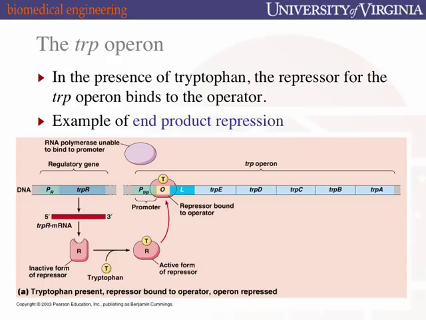Now the downstream output of the pathway, the consequence of the pathway, is feeding back onto the regulator that induces it in the first place. All right, and so this is a different regulatory mechanism that we call end product repression. The net result of the induction of the operon, or the induction of the different genes, creates a product that feeds back onto the transcriptional regulatory machinery and shuts it down. It's no longer needed. End product repression.